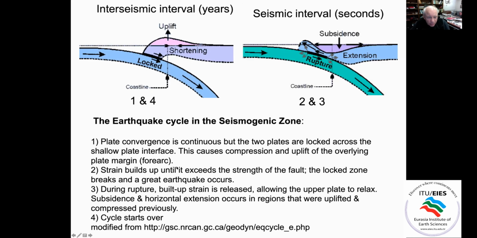So that strain will build up until it exceeds the strength of the fault. This locked zone breaks, the upper plate relaxes, you have subsidence, you have extension, and if it happens underneath the ocean, it will cause a tsunami, and then it starts again.